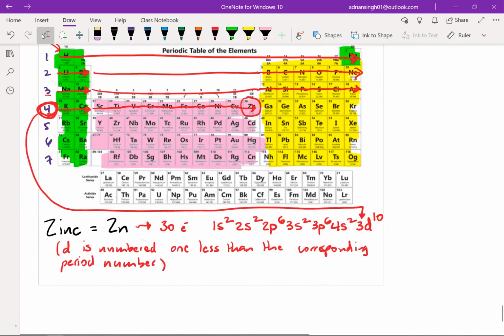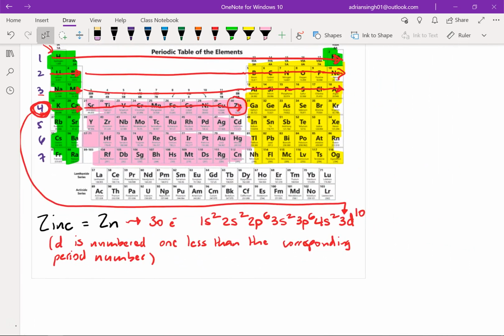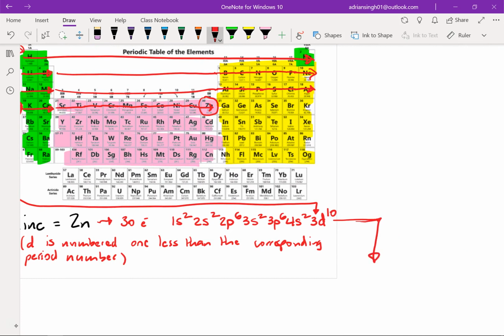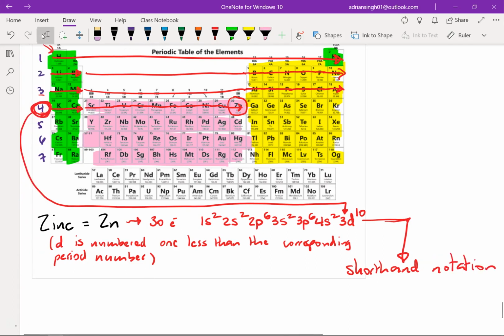All right, and then we can do our shorthand notation as well. Okay, so what's the group 8 element that came directly before zinc? If we go backwards from zinc, you always have to go back. It's actually argon, Ar, the group 8 element directly before it.